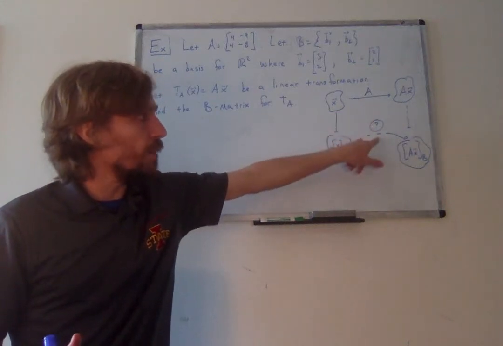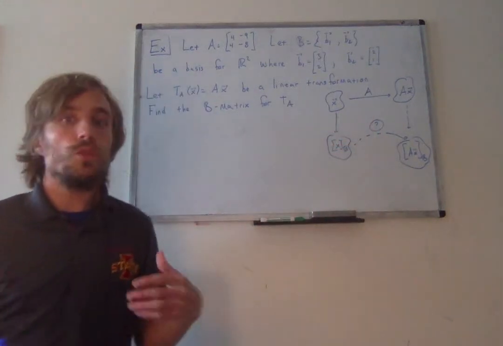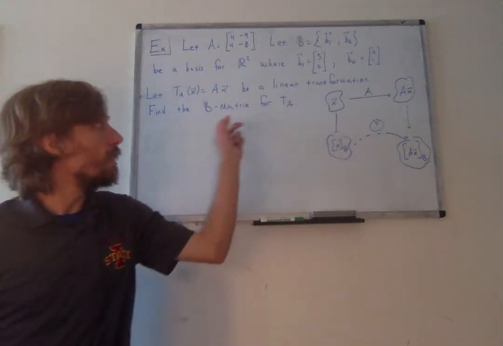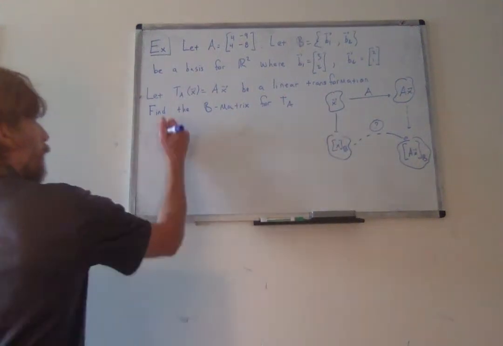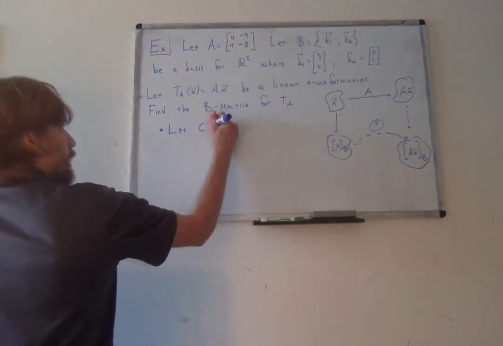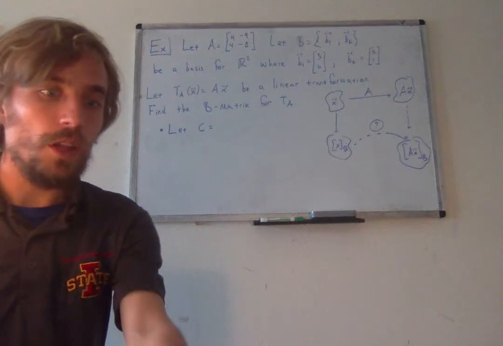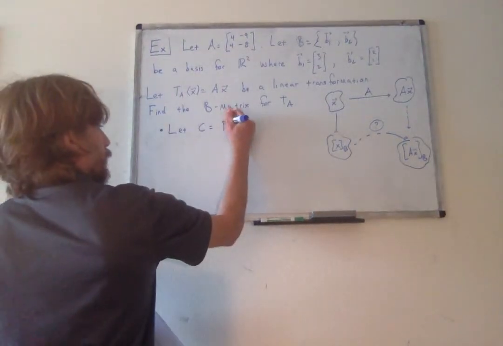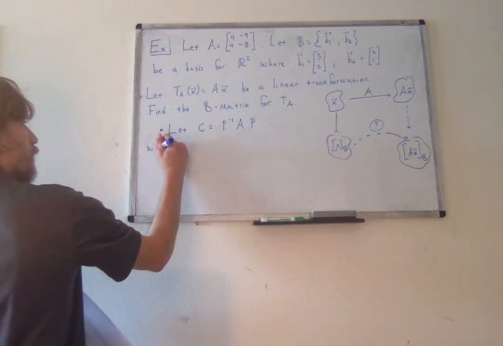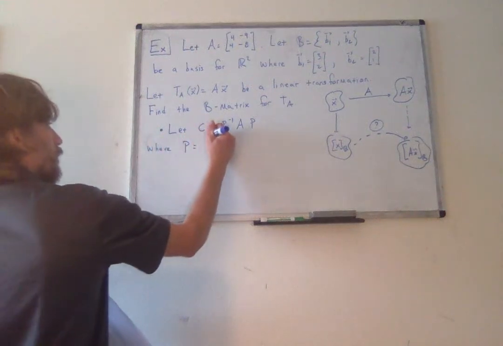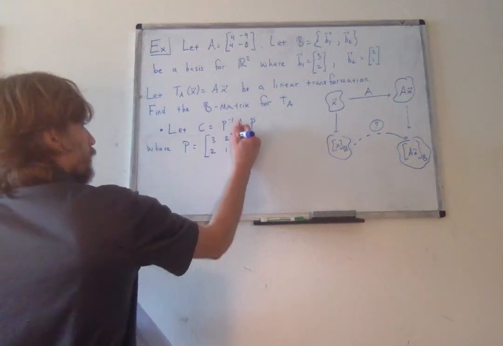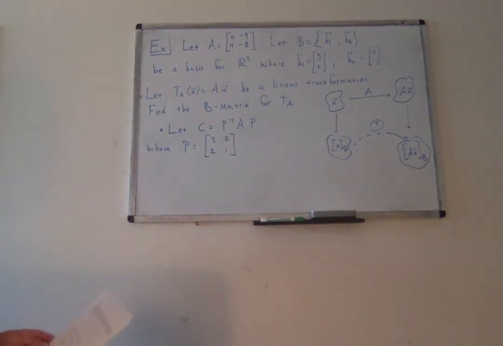So if I can find a matrix similar to A using the right similarity transformation, then I can find the B matrix for T sub A. Specifically, I'm going to let C equal P inverse AP, where P is the matrix whose columns are equal to b1 and b2.